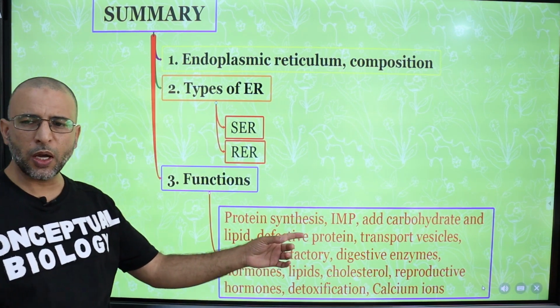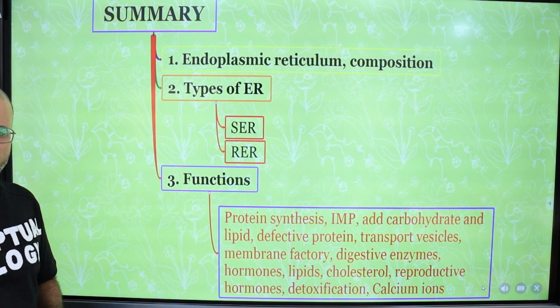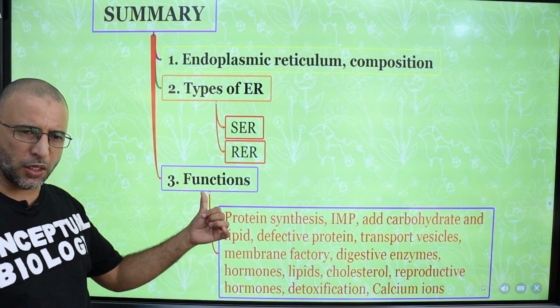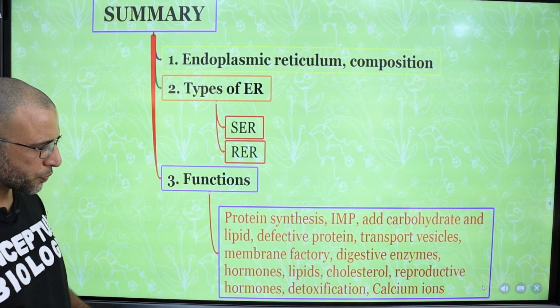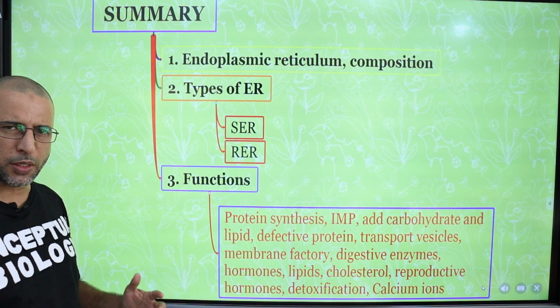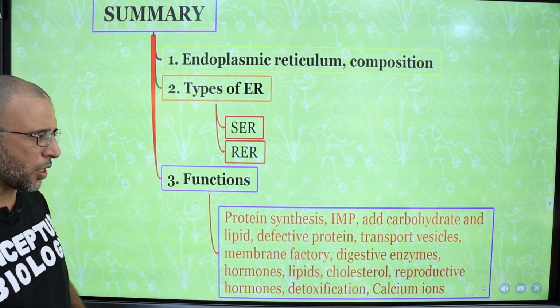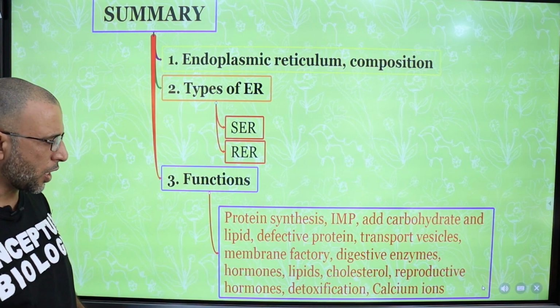They can add carbohydrates to proteins and lipids to form glycoproteins and glycolipids. Defective protein is degraded with the help of proteasomes in cytosol. Endoplasmic reticulum is a membrane factory where the biological membrane is synthesized. They are involved in the formation of digestive enzymes.